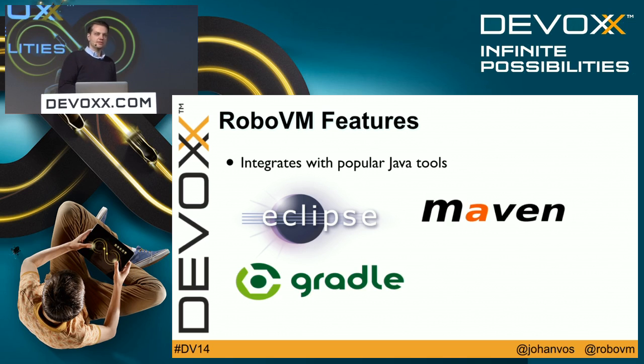There's also a Gradle plugin that has the same functionality as the Maven plugin. And these are all maintained by us. There's also plugins for the Scala build tool and the Clojure build tool that people in the community are working on.